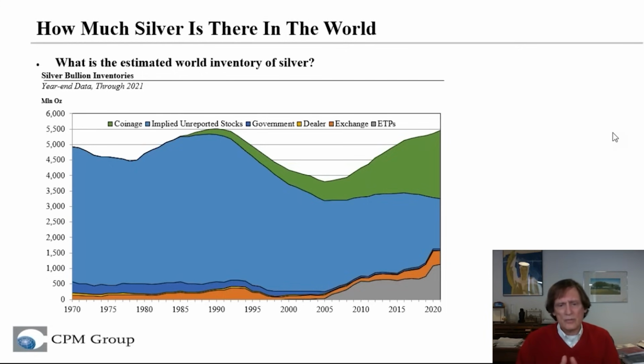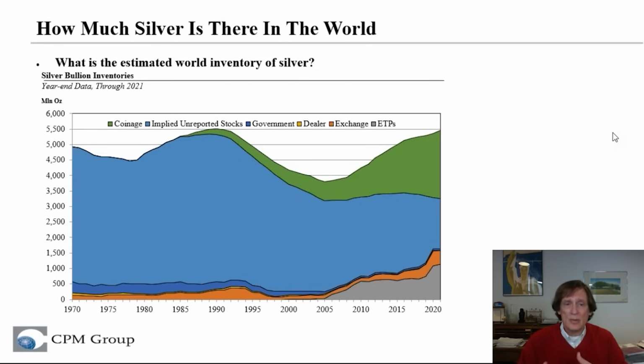So there's been a shift away from unreported inventories, much of which were 5,000 ounce bars, so they're kind of hard and cumbersome to use, or 1,000 ounce bars, to coins and ETFs and smaller bars over time. So there's been an increase in transparency.